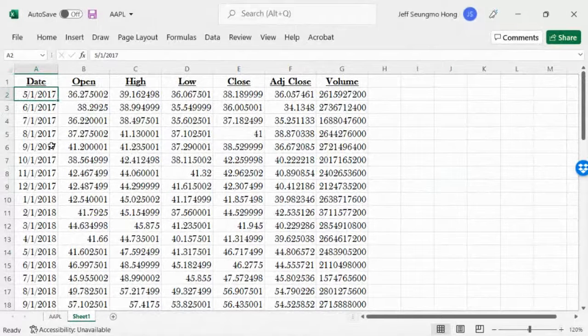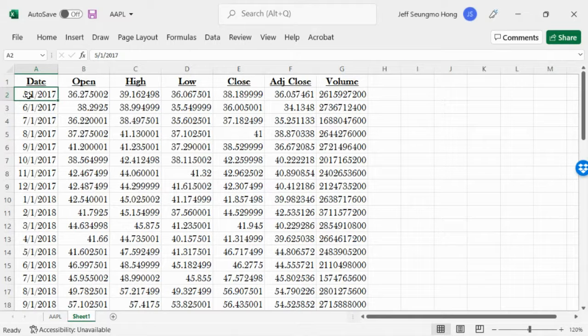sort the data in descending order. Now what you see here starts with the earliest date on top. But it will be a lot more convenient if the latest date is on top.